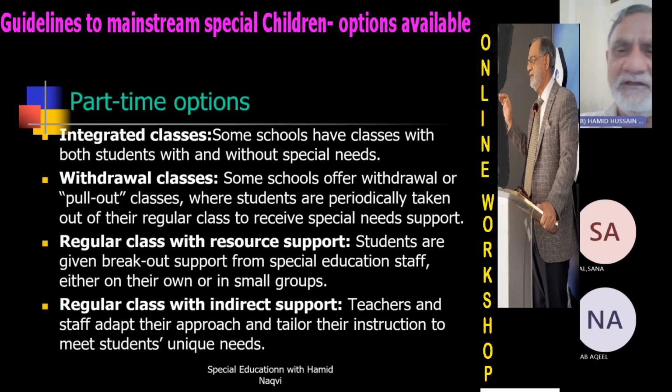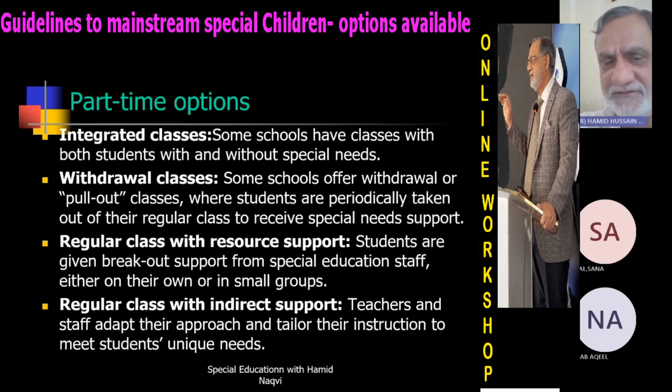There may be five sections of each class, fifth, sixth, seventh, eighth. One section is such where, along with the normal students, special students are also seated. So this is one type of integrated class. We have integrated special children with normal children.